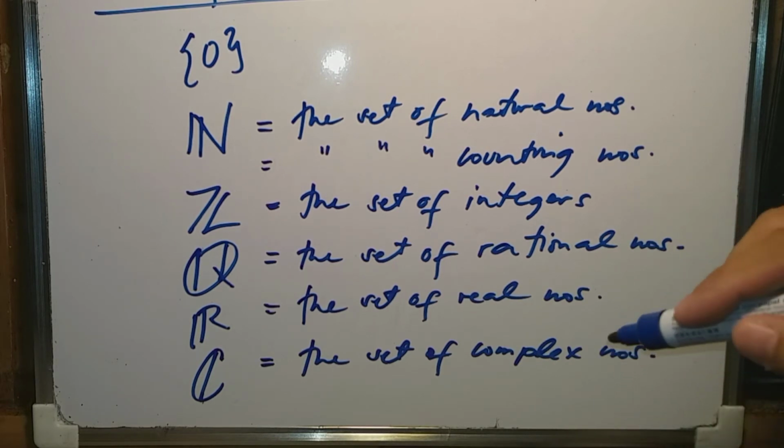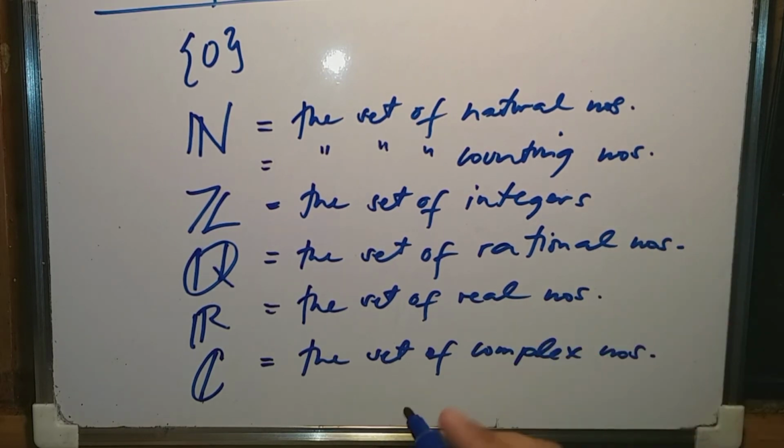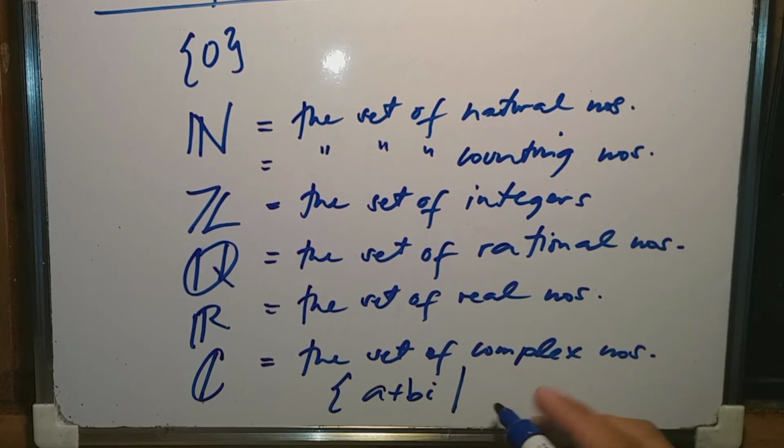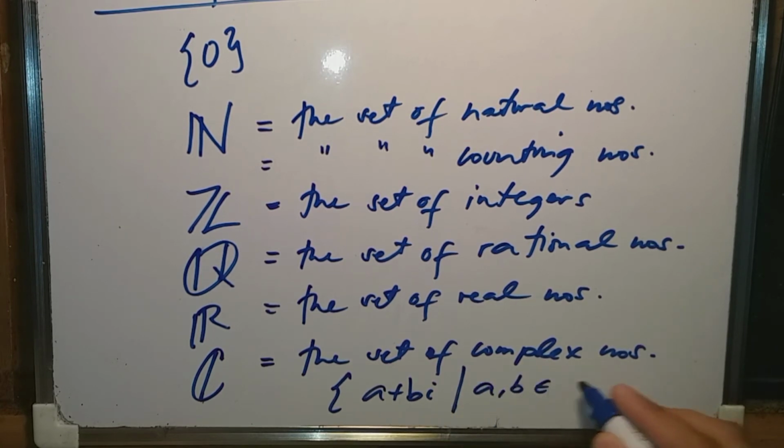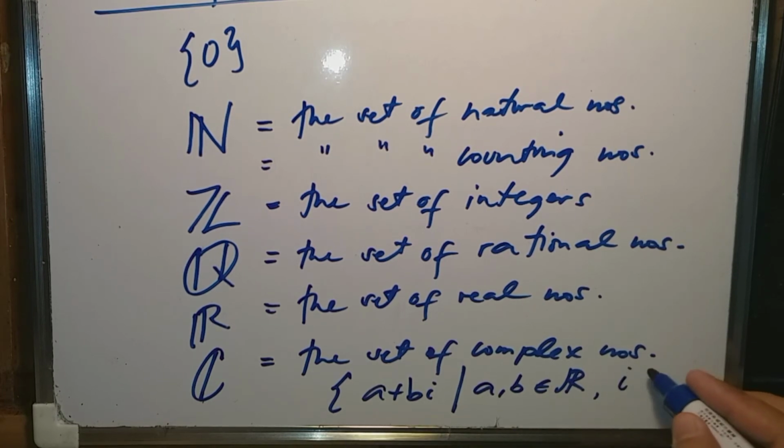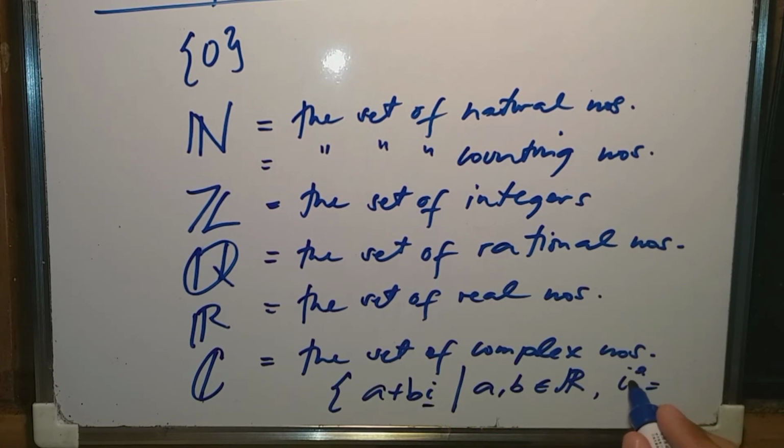So the set of complex numbers are of the form a plus bi, such that a and b are elements of the set of real numbers. And there is another definition that if we take i squared, the result would be minus 1.